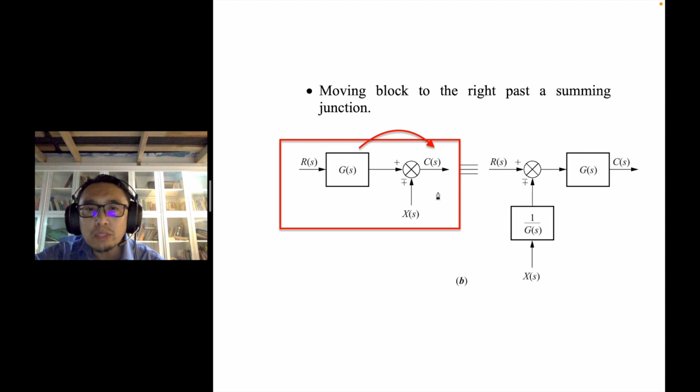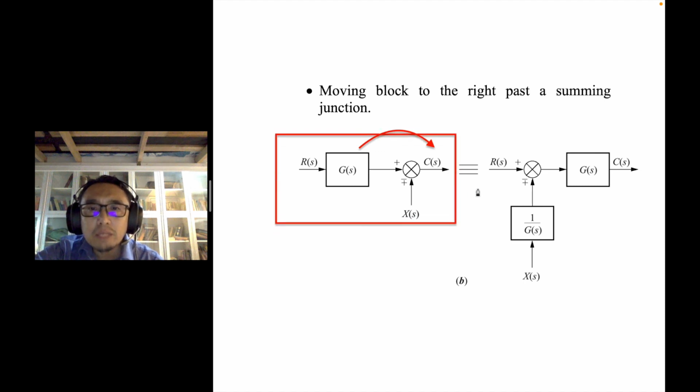So in order to ensure the equivalence of the original system, you must add 1 over G here, because originally there's no G here. So you move G outside here. Originally X just goes into the summing junction. Because now this signal X will be multiplied by G later on after the summing junction, you have to add a block 1 over G to ensure the equivalence of the original system.